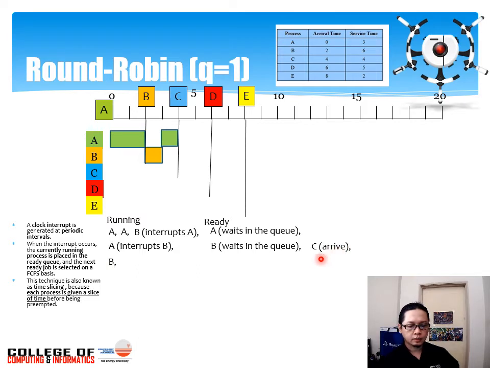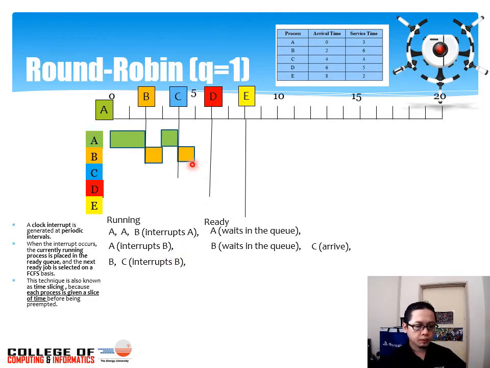C has arrived here. So you need to cross out B here, and the next in line will be C during B's execution. So B is running, and then C interrupts B. Remember, any process that was previously ready will interrupt the running process after one slice of execution.